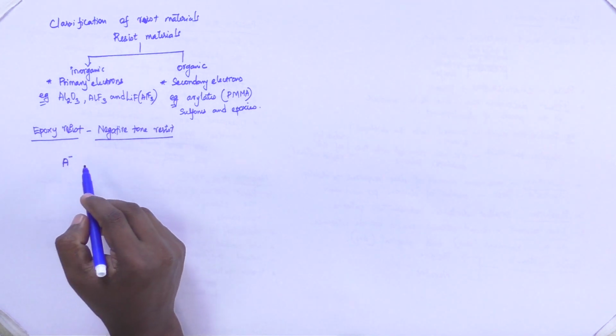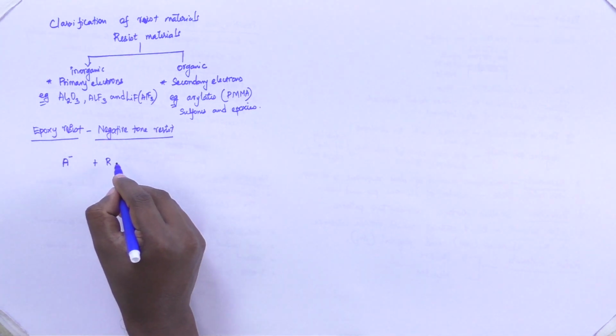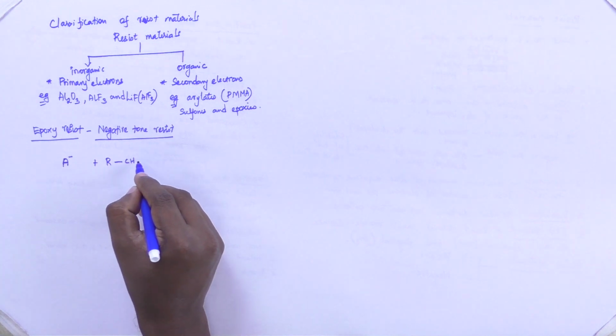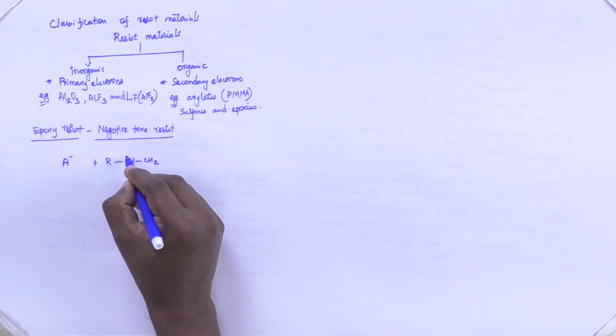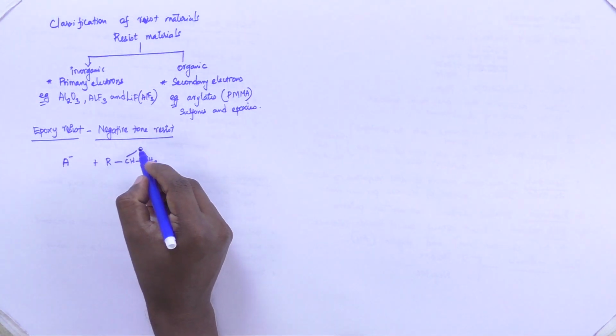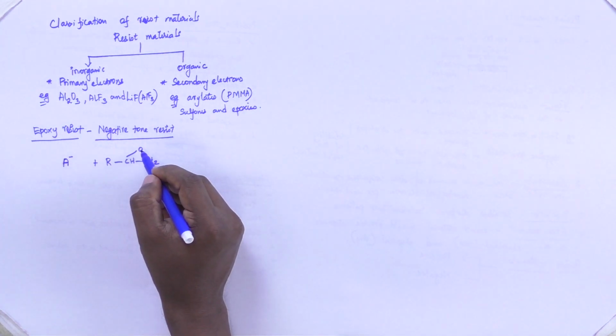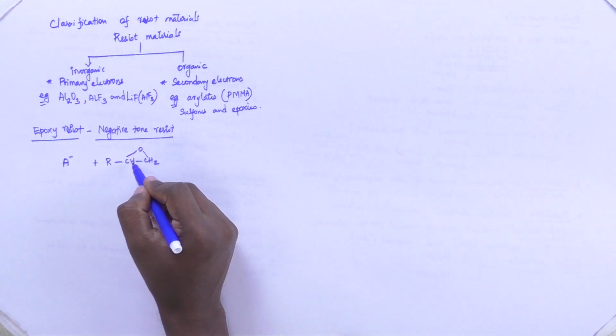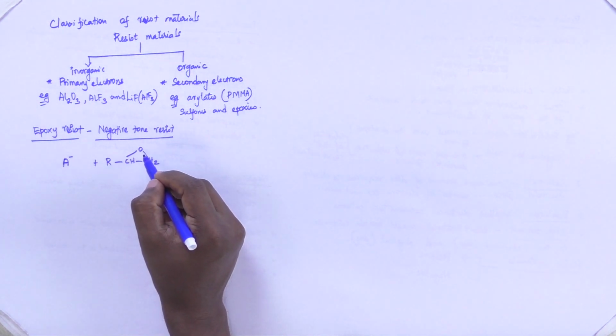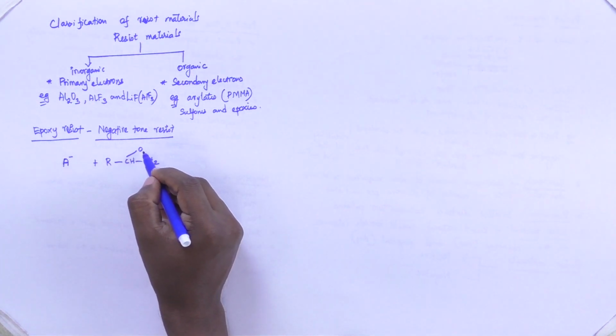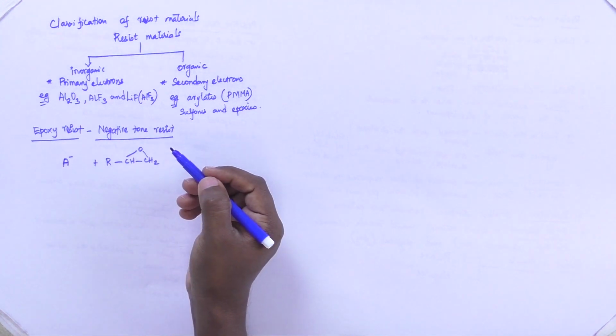And here epoxy is nothing but the epoxide bond, which is a cyclic ether. So the cyclic ether is epoxy. Here a small energy will break this bond and it will make O minus.